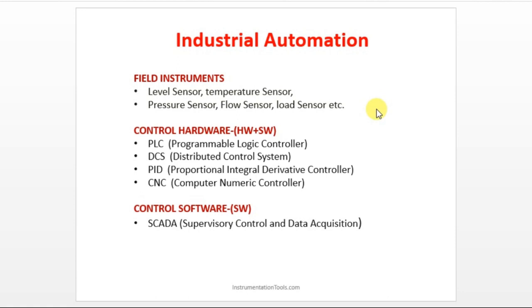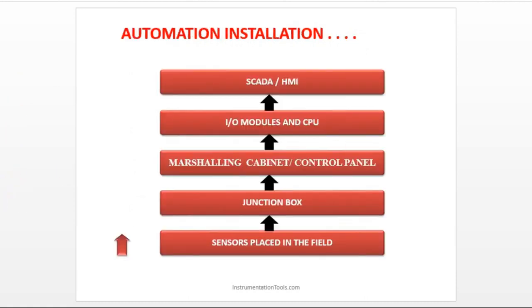In an industry you can find a control room in one place and a field in some other place. Sitting in the control room itself, you can monitor what is happening in the field, like a CCTV camera in a shopping hall. It's a simple example for our layman understanding. And that's it about the introduction of automation and industrial automation.